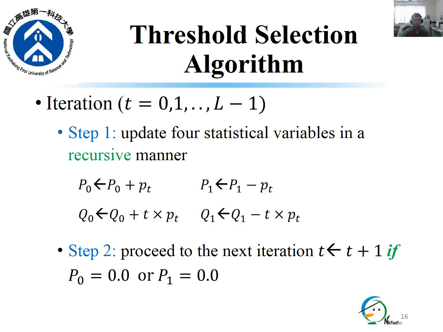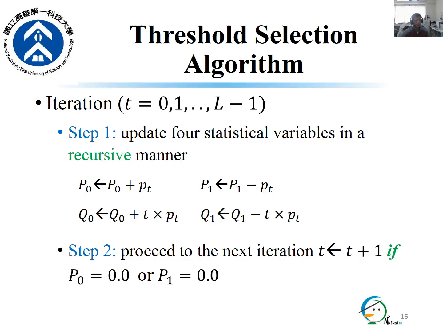During the iteration stage, T goes from 0 to L-1 and there are 5 steps in each iteration. At step 1, it updates the 4 statistical variables in a recursive manner. That is, the computation of the variables at the current iteration is based on those at the previous iteration. So what we do at each iteration is move the pixels with grade level T from class 1 to class 0.